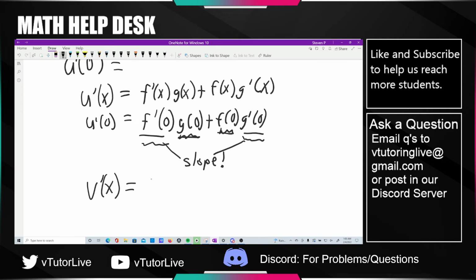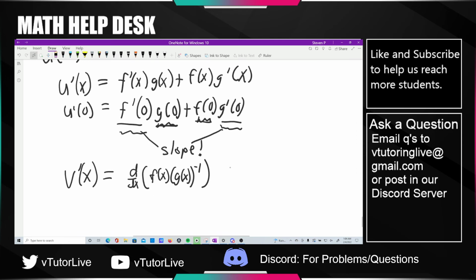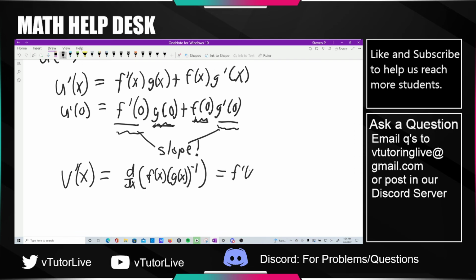I hate using the quotient rule, and what I like doing instead is just using the product rule. The product rule can really do the quotient rule if you write it not as division but as g of x raised to the negative 1 power, the reciprocal. So this becomes f prime of x times g of x to the negative 1.